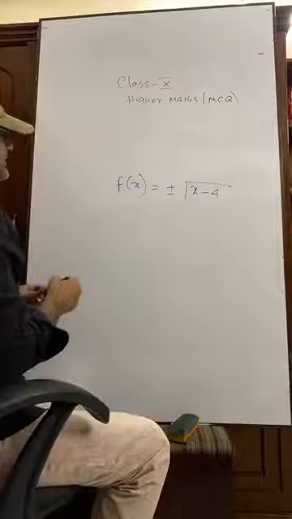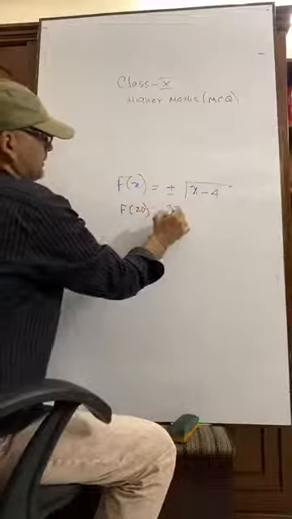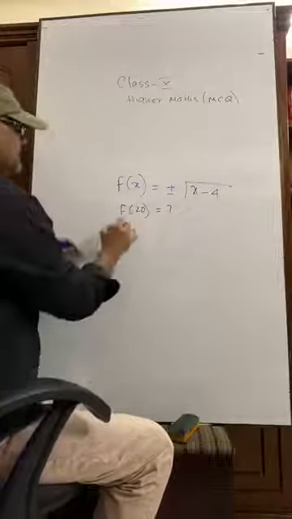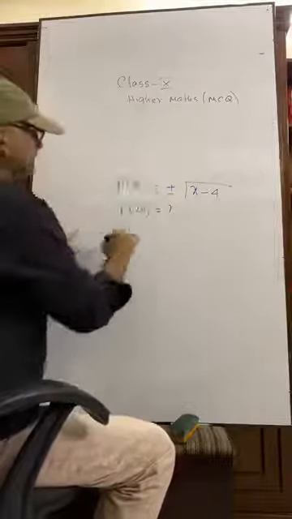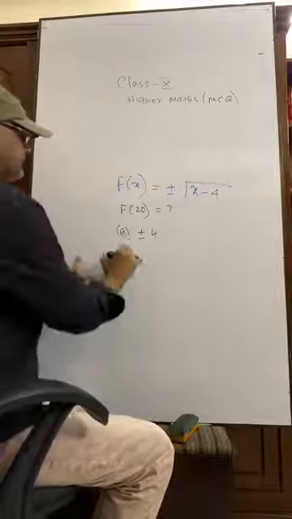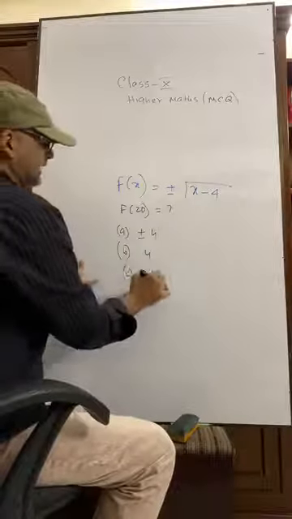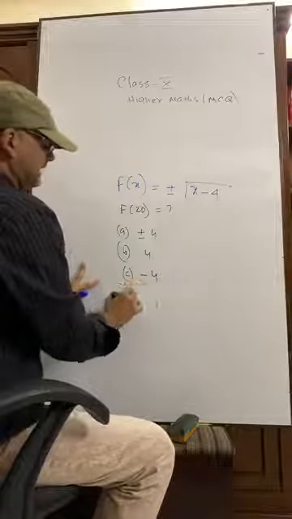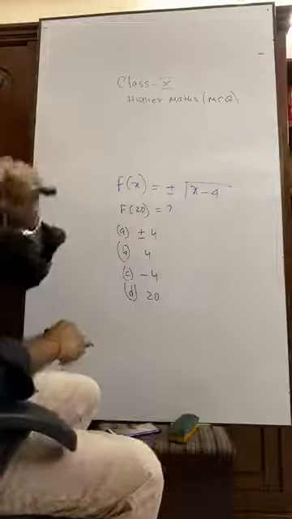Now the question is, what is f of 20? Now you write the options: plus minus 4, b 4, c minus 4, and d 20. Now what will be the answer?